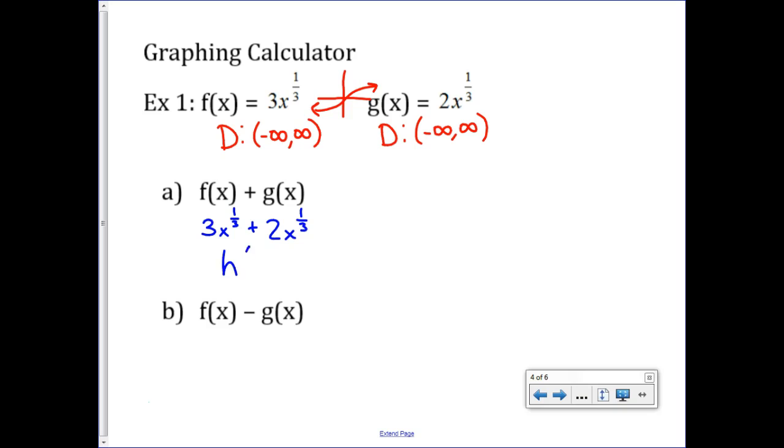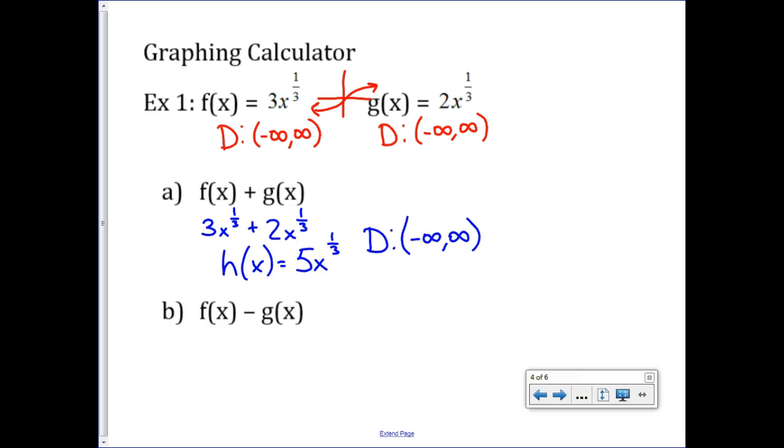So we get a new function that we could call h of x, which would be 5x to the 1/3. Again, you can check that out on your graphing calculator, but it's that sideways John Travolta graph, so the domain is all real numbers, negative infinity to infinity. There's no restriction.